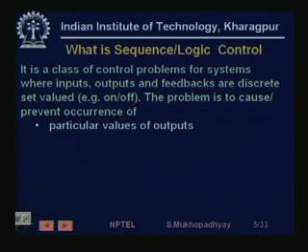And the problem is to cause or prevent occurrences of either particular values of outputs or combinations of outputs. So when switch 1 is off, switch 2 should not be on. Let's take a daily life example of a railway crossing.